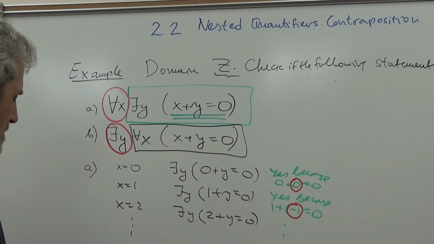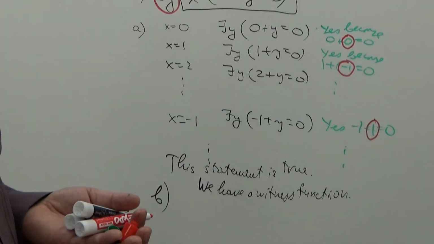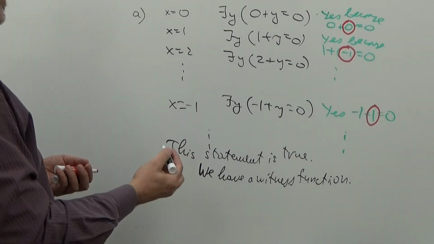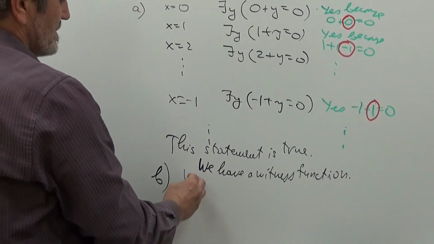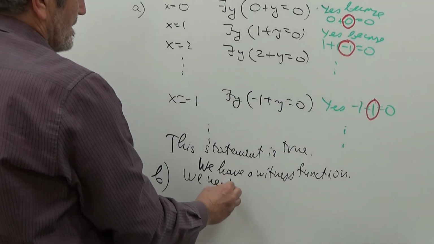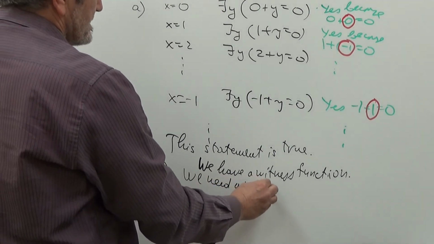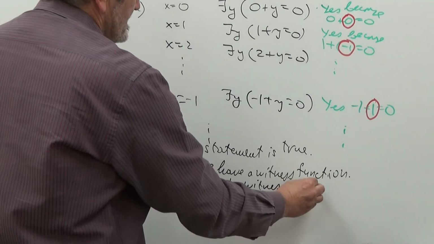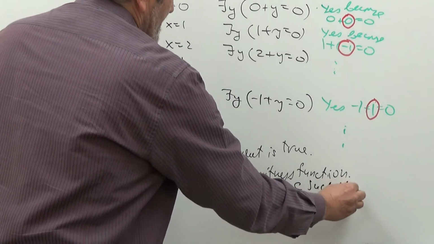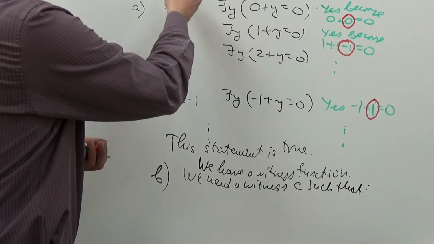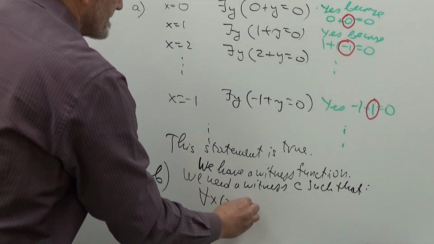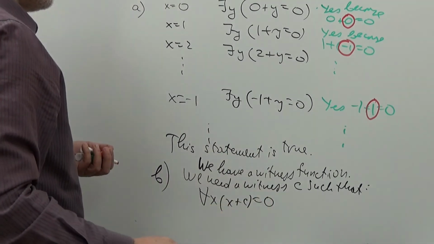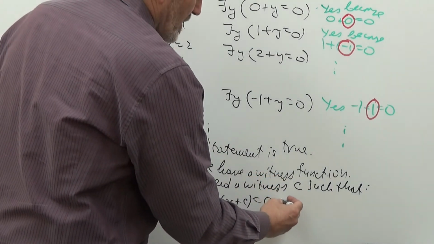So we want the following. We want to find a witness C such that for that C, for every x, x plus C is 0. Which means we want what?